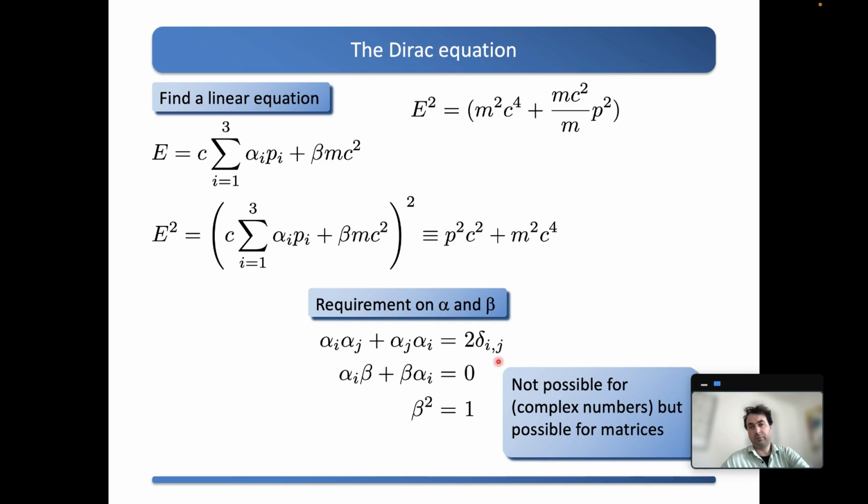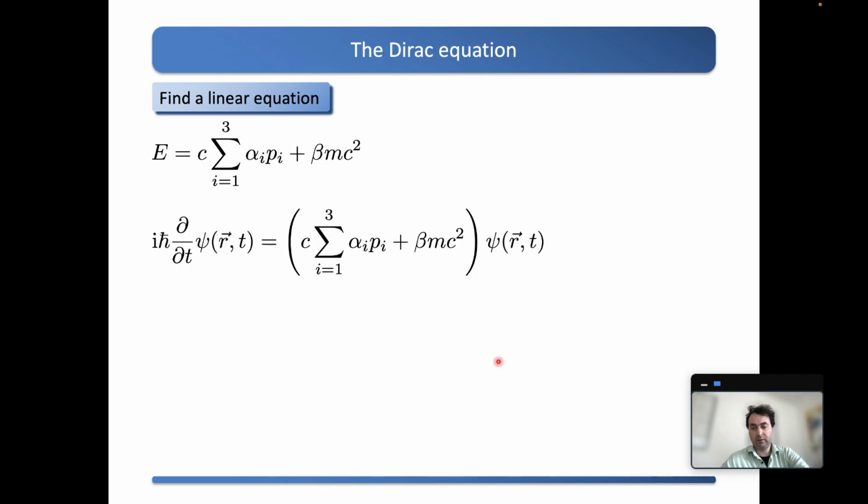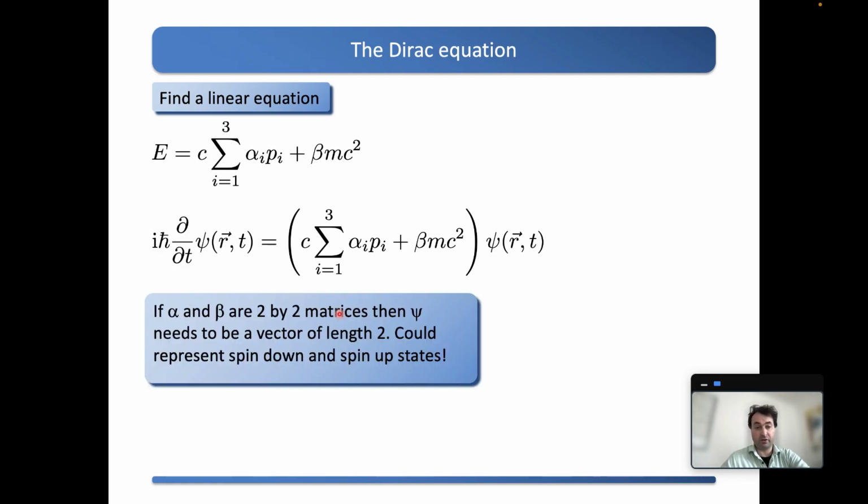But we've already seen from Pauli and Darwin that in our Schrödinger equation the Hamiltonian actually should be a matrix. And for this to be a matrix, the alphas have to be matrices. So we're not looking for complex numbers that fulfill these equations, but we look for matrices. And now we can look for 2 by 2 matrices, and then we have the Pauli matrices in there.